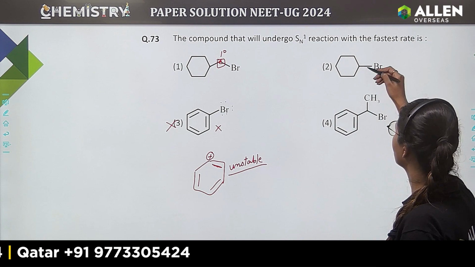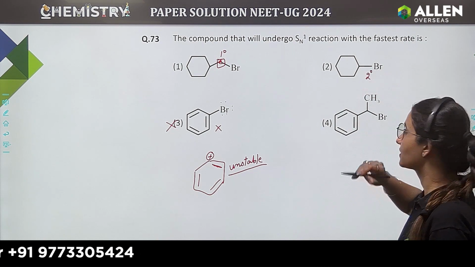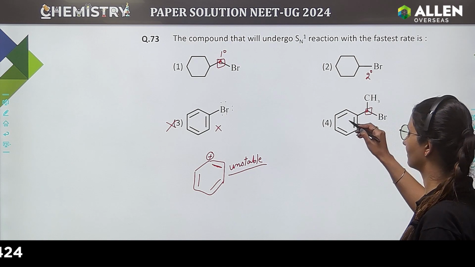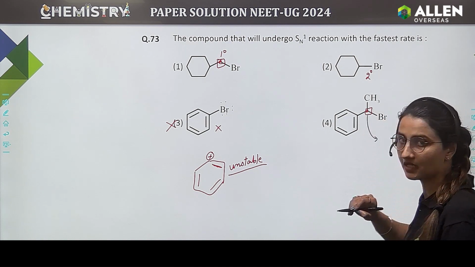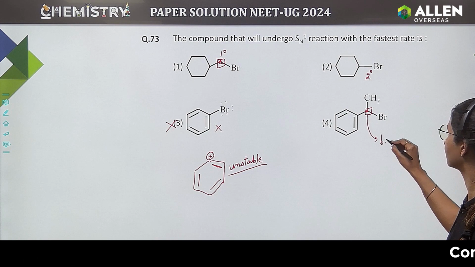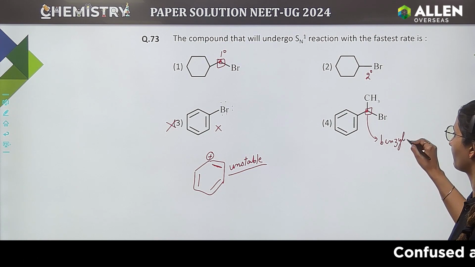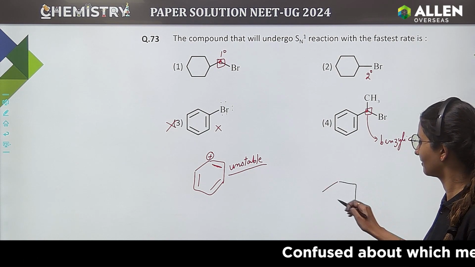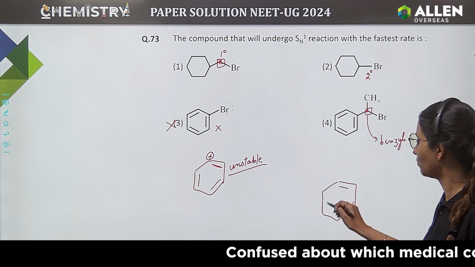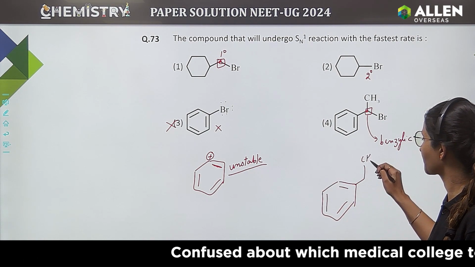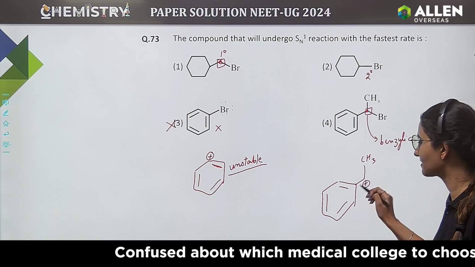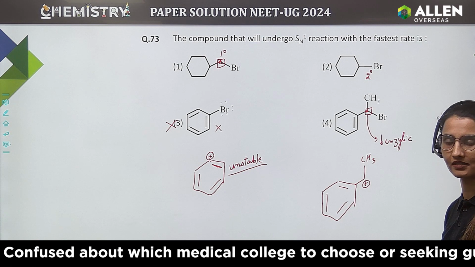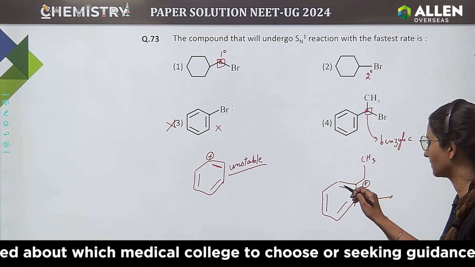Check this. Here it is 2 degree. Students, check this one. C having Br. This is 2 degree plus also benzylic. Benzylic means after loss of Br, the carbocation which is formed here is stabilized by resonance, no? It will get delocalized in benzene. See, if I show you one resonating structure, this bond can move here, no?